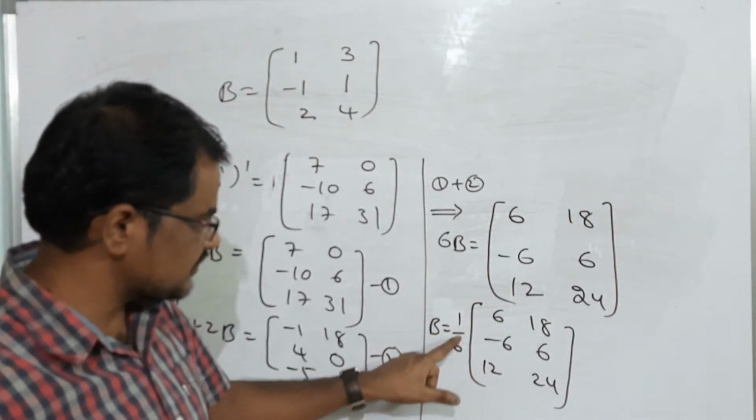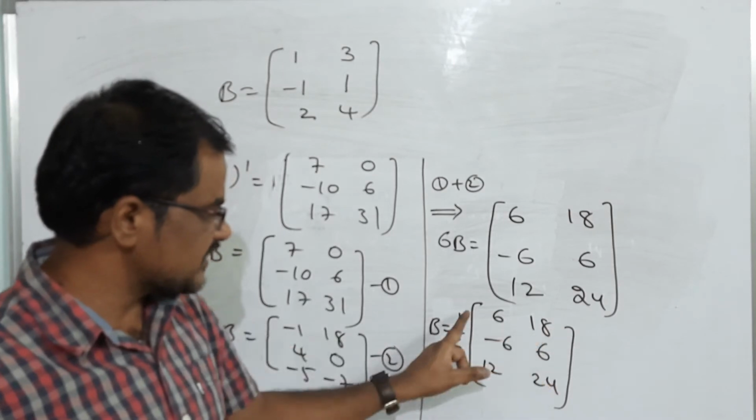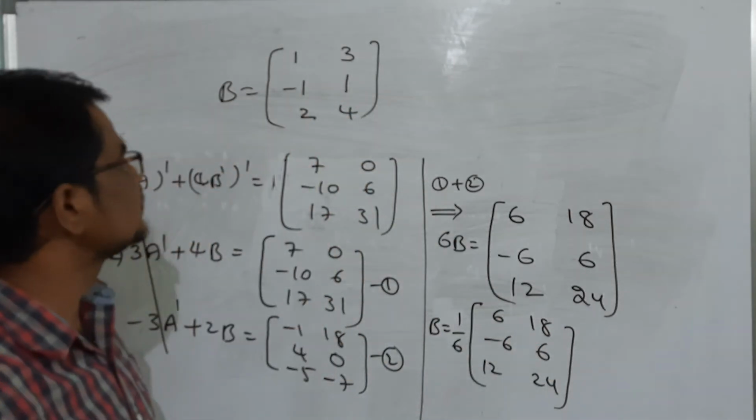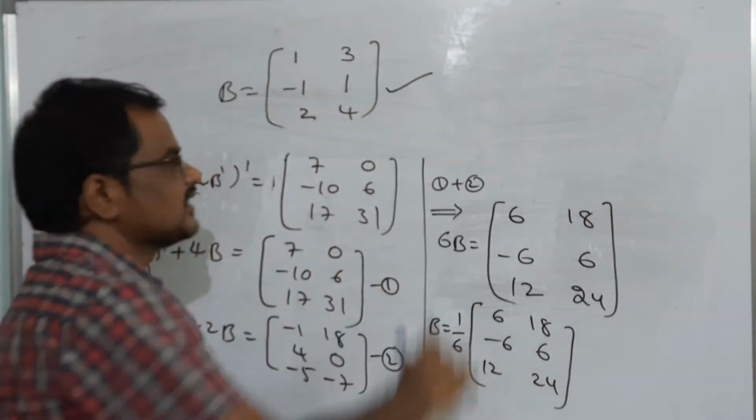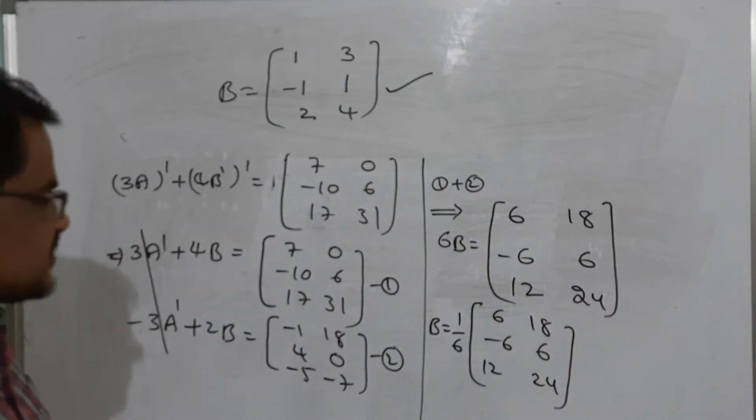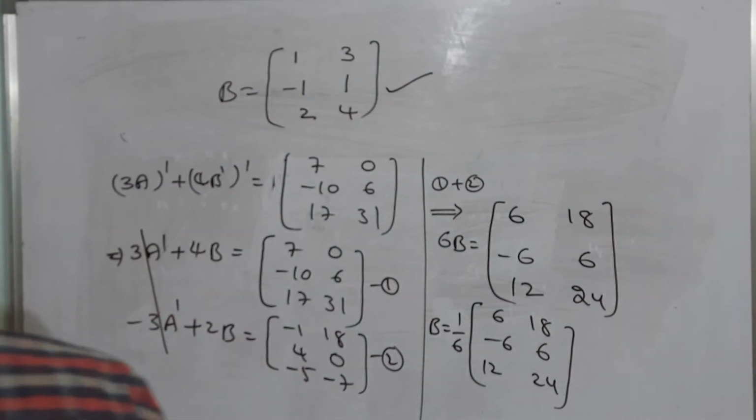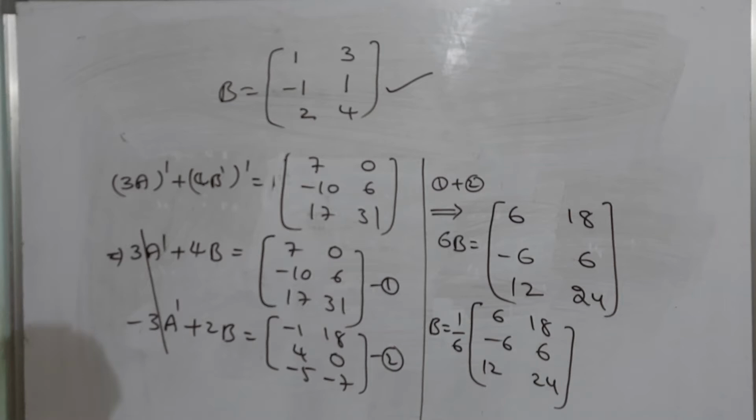So 6 into 1 by 6 is 1, 1 by 6 into 18 is 3, like that. So this is our required answer. So the answer is [1, 3; -1, 1; 2, 4], right? Next problem.